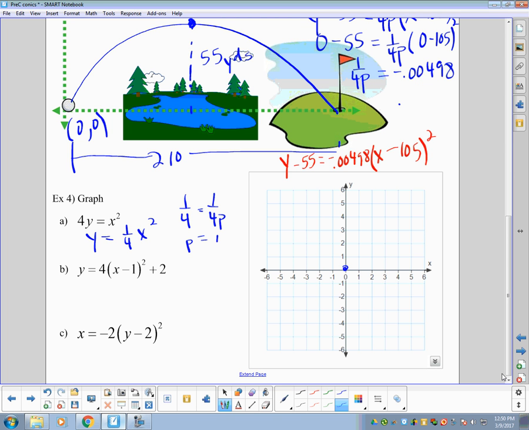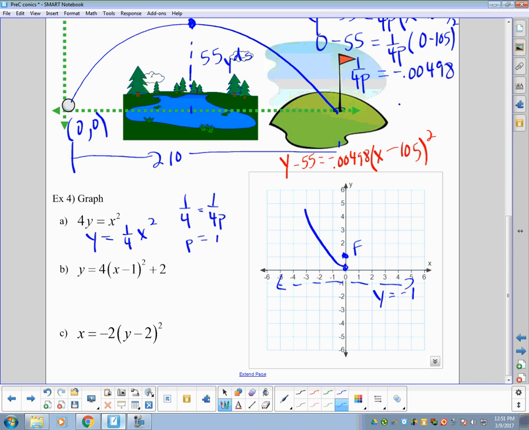So which way is this one opening? Yeah, this is our standard run-of-the-mill. There's our focus. There's our directrix. I'm going to ask you for focus and directrix when you're doing these tests.